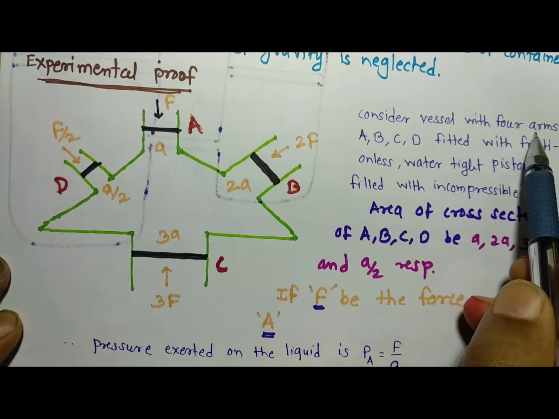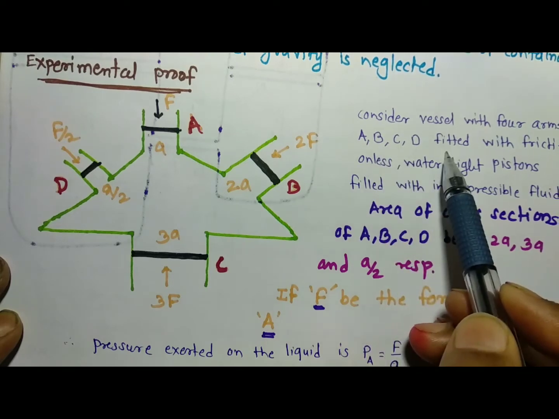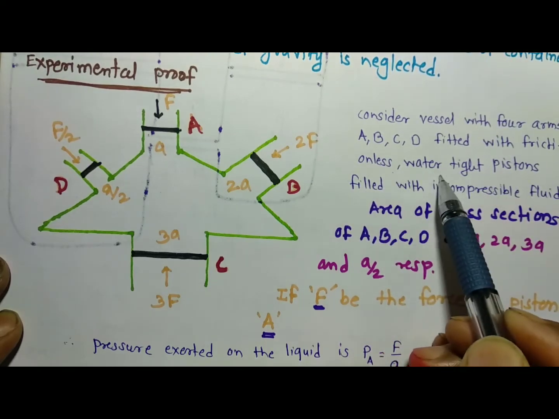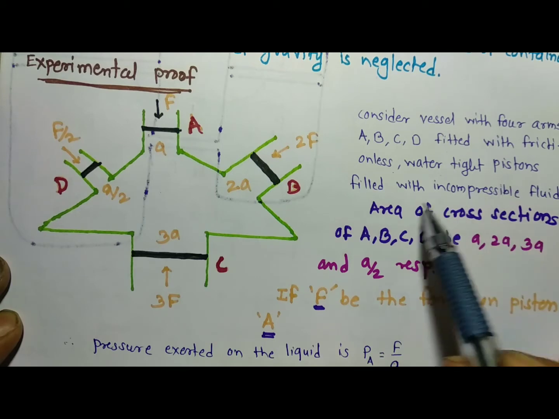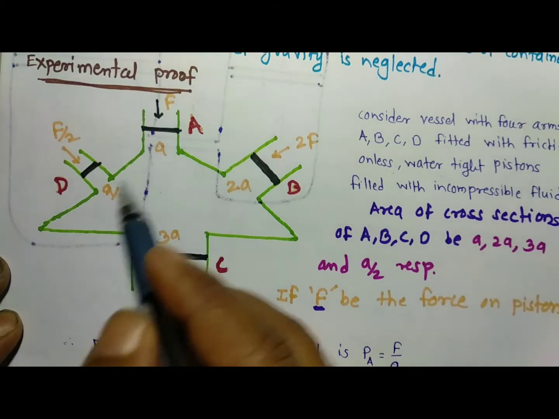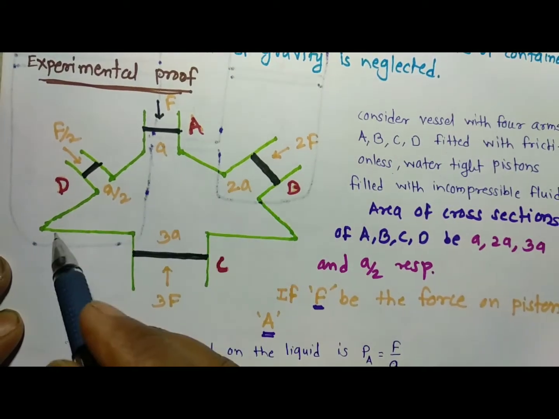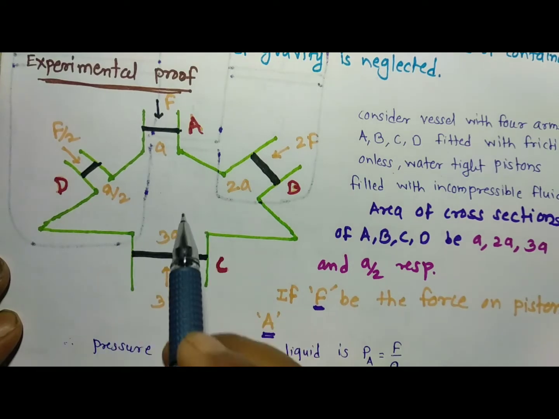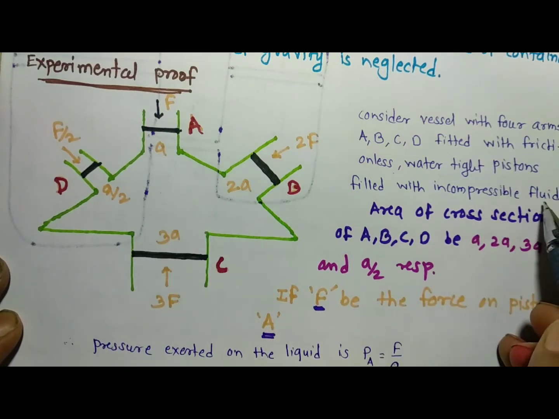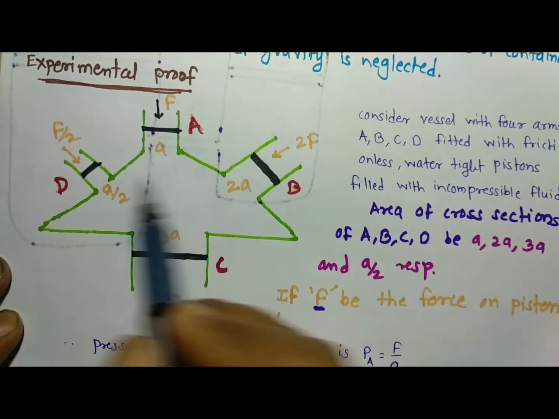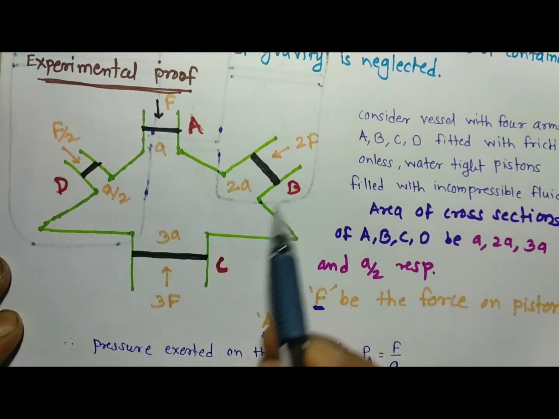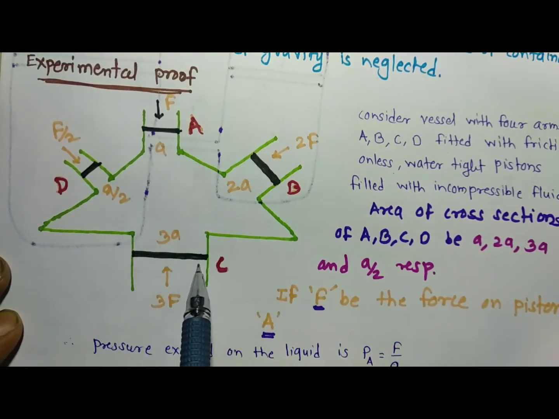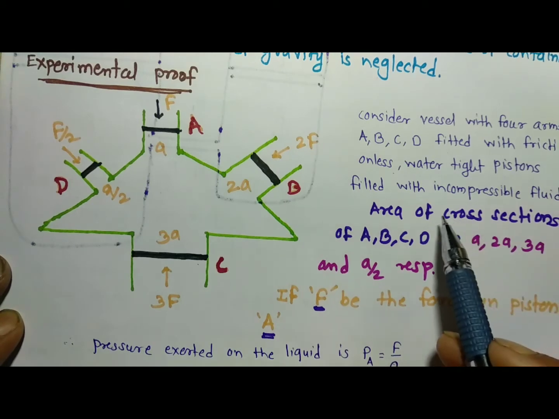Consider a vessel with 4 arms A, B, C, D, fitted with frictionless watertight pistons and filled with incompressible fluid. That means inside this vessel we have to fill incompressible fluid, and the watertight pistons are taken here with different cross-sectional areas.